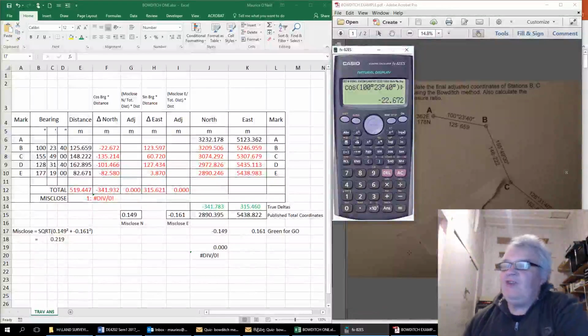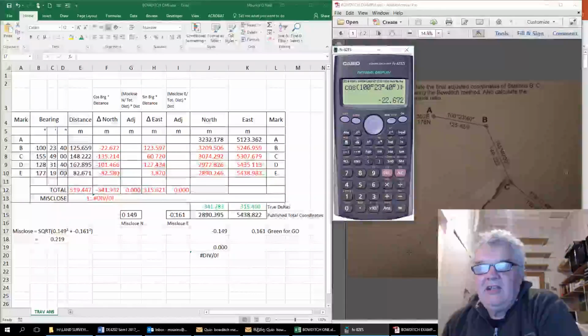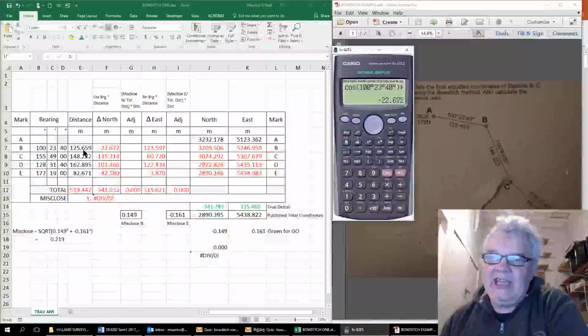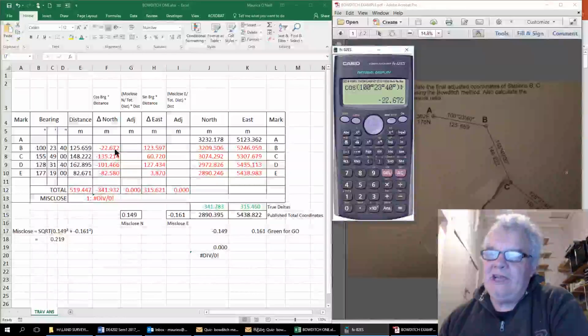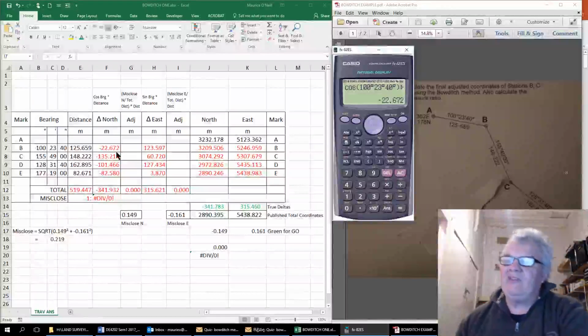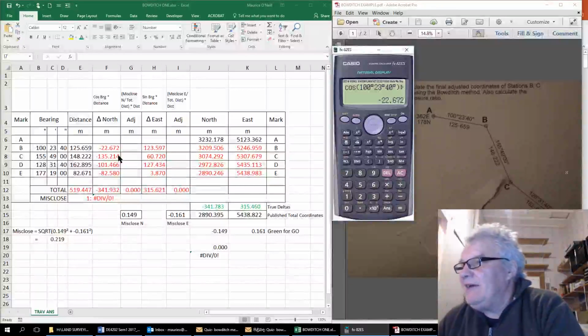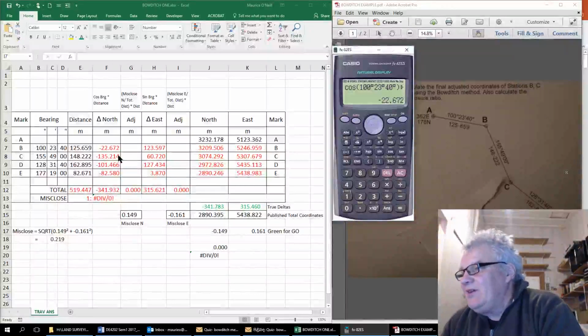So I've fixed it to 3 decimal places. If your distances are shown to 3 decimal places here, show them to 3 decimal places in your answers. So everything's to 3 decimal places. That's generally the way of things.